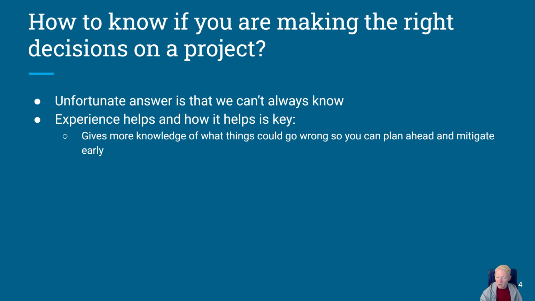If it goes wrong in particular way A, B, or C, then what would I do to adjust for that? And also, what are the signs that it is going wrong? Now, you might not get this perfect. No one's generally going to ever get it perfect.